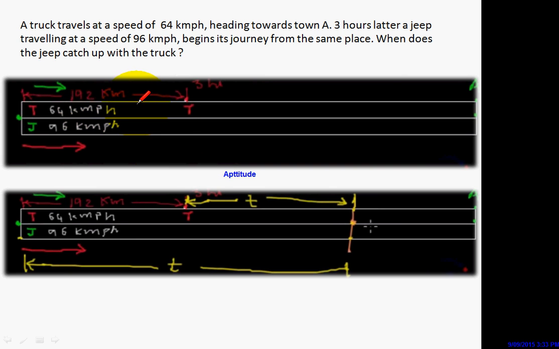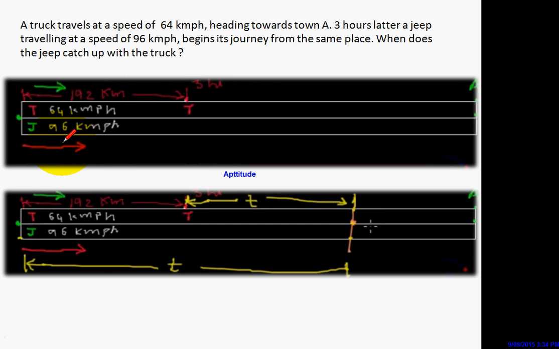Yes, so both of them are heading towards some town, say A, and the speed differs. The speed of the truck is 64 km per hour and the speed of the jeep is 96 km per hour, provided these two objects do not start at the same time. That is very important here. See, the truck has started earlier. 3 hours later only the jeep has started.